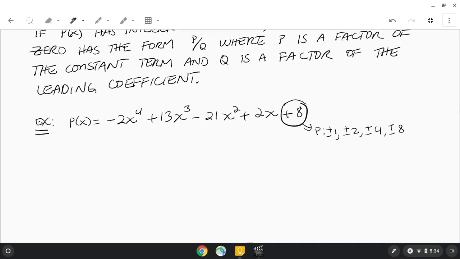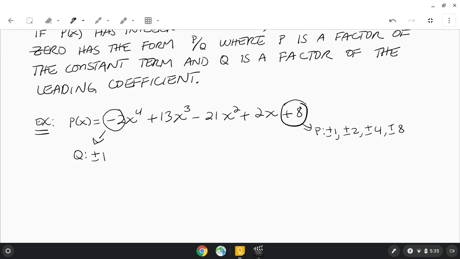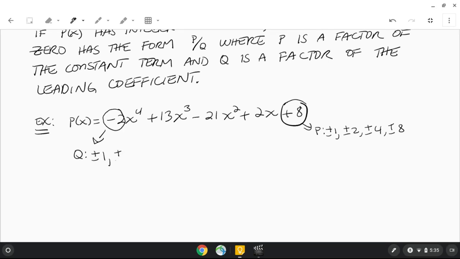Those are going to be my possible numerators. And Q, the denominator, is going to be a factor of the leading coefficient. So right here, this is my leading coefficient. These are going to be my choices for Q: plus or minus 1, plus or minus 2.